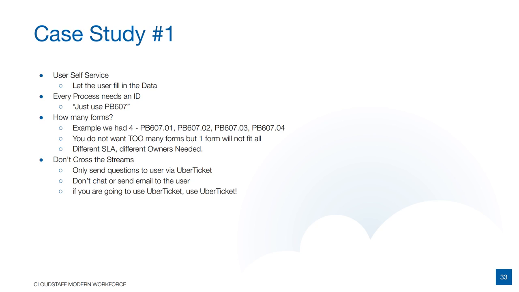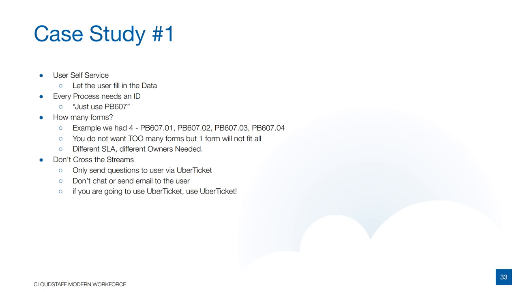Sometimes you might create a sub-process ID number, such as PB607.01 that we had there, but every process inside the company will be assigning ID numbers too. How many forms? Now you'll notice in this case study, we presented the user with 4 different form options.